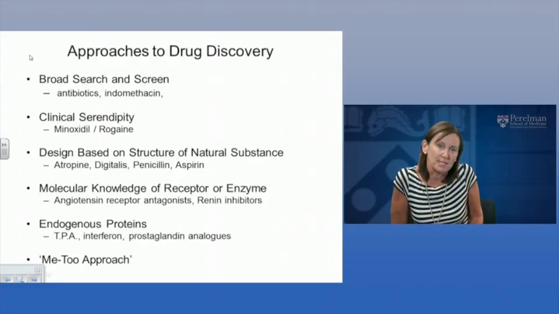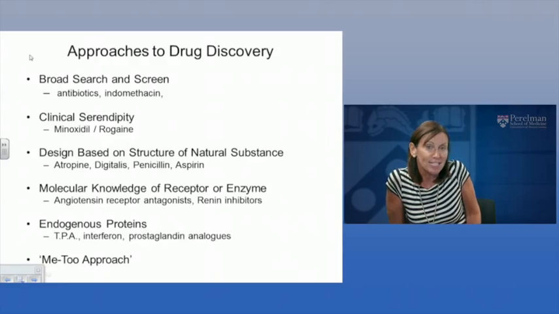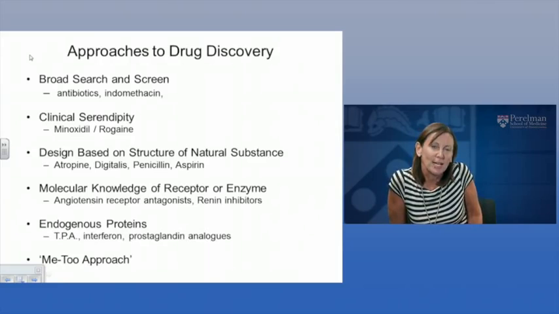So atropine is derived from the belladonna plant. It's called deadly nightshade, a great name for a plant. It was by history or by report used by Cleopatra. She rubbed it around her eyes to dilate her pupils in order to make her more beautiful.